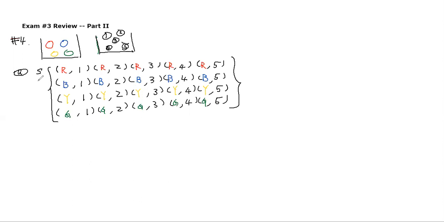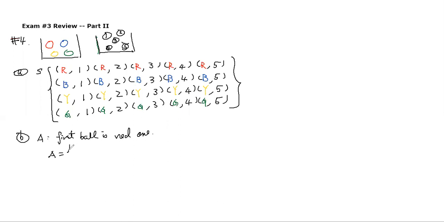Then for part B, they say event A is that the first ball is a red ball. So what is my event A going to be?